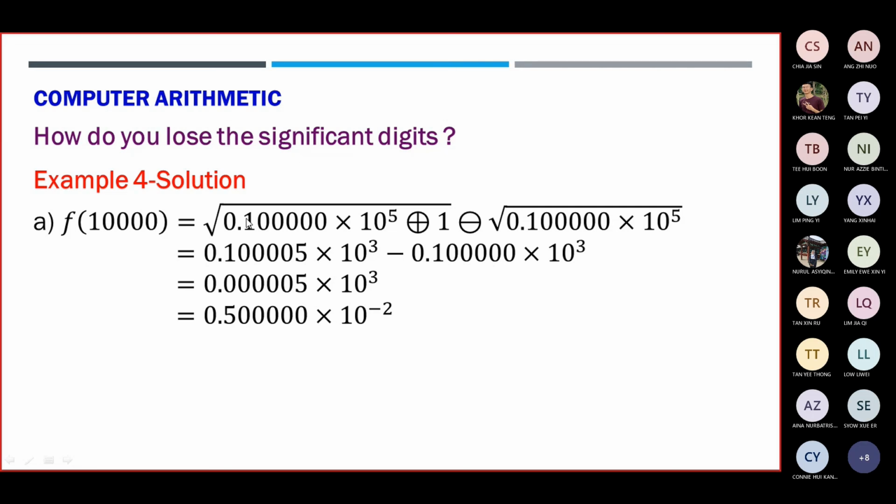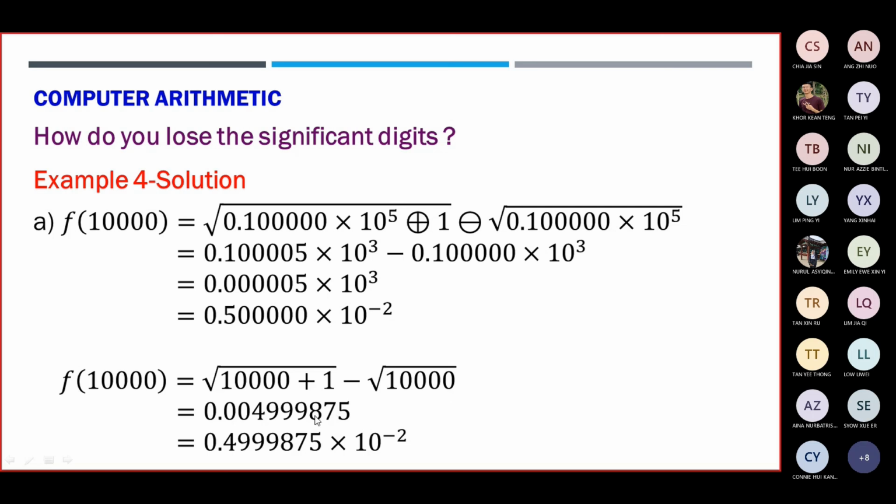Then you execute your solution, and then you get the answer 0.500000 times 10 to the power of minus 2. Now you compare your answer with the exact solution. You can obviously see the difference between the exact solution and the computer arithmetic, and you can see how they lose their significant digits in these forms. Okay, that's our first example.